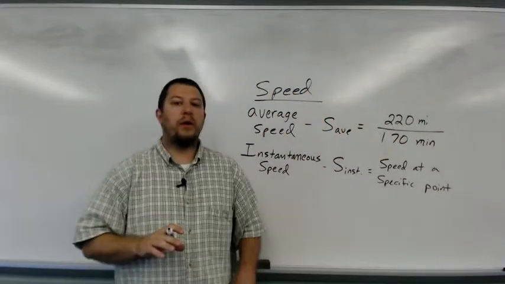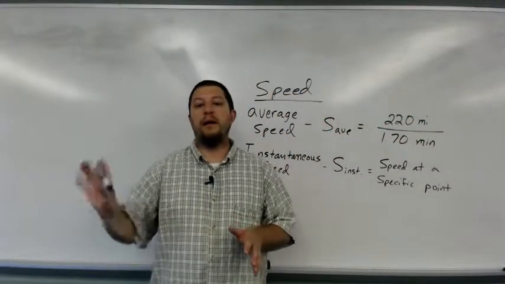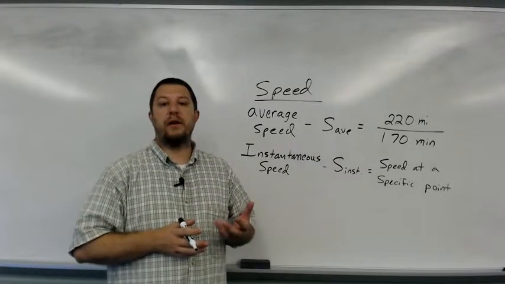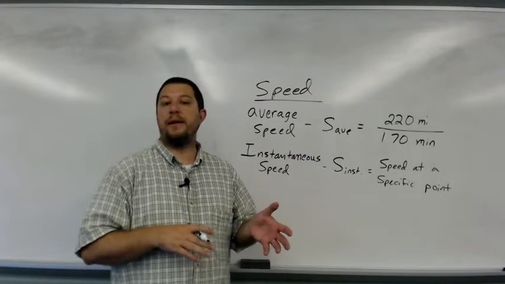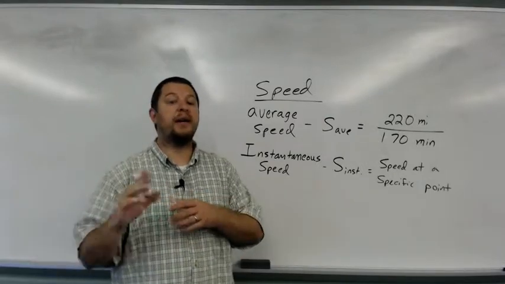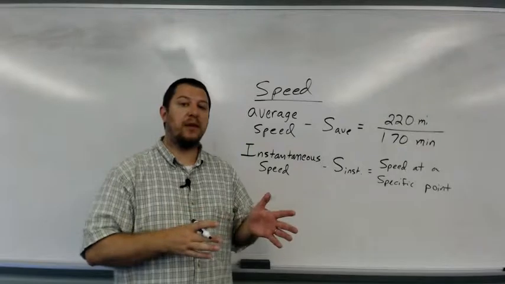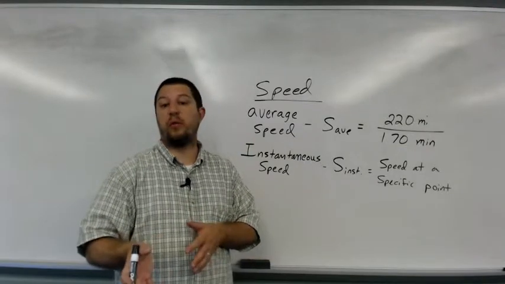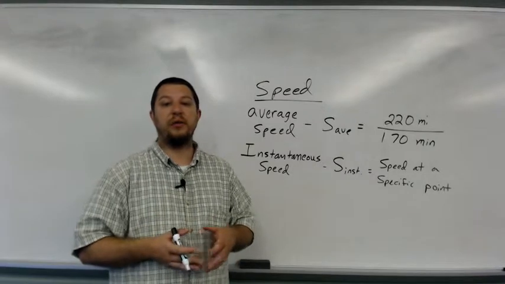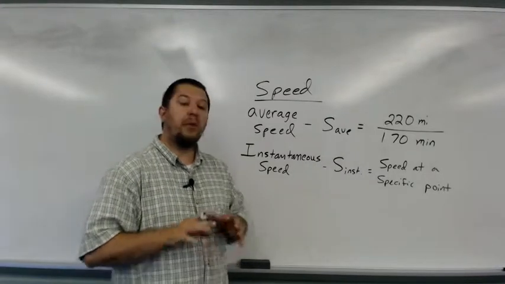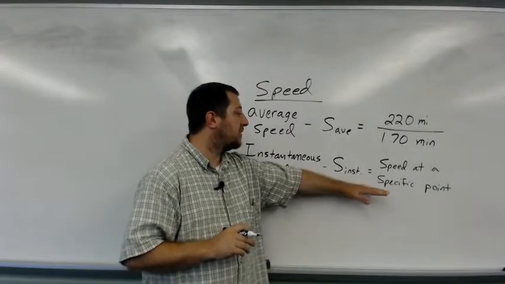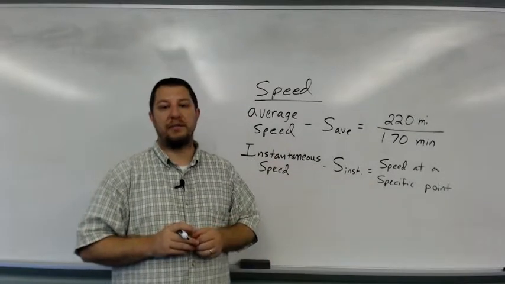So for example, if we were on our trip to the beach and we looked down at our speedometer, at any given moment it might be reading 70 miles per hour, it could be reading 90 miles per hour if we're trying to pass someone on the interstate, could be reading 40 miles per hour if we're on a back road to get to a gas station or to a restaurant. Your instantaneous speed is just the speed that you're traveling at a specific point in time.